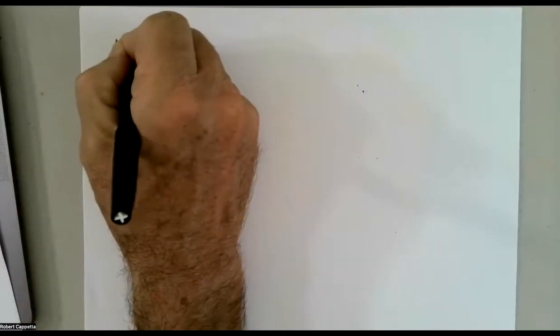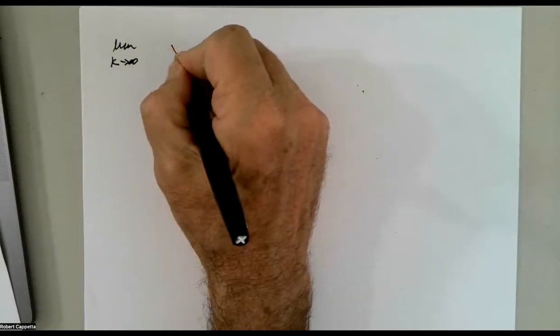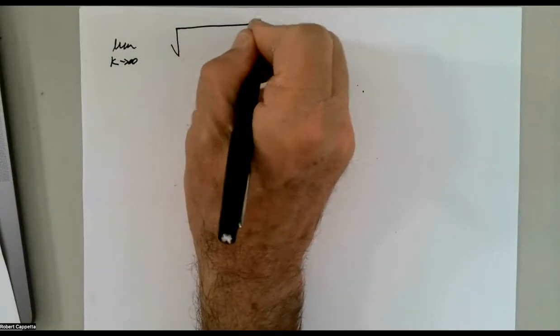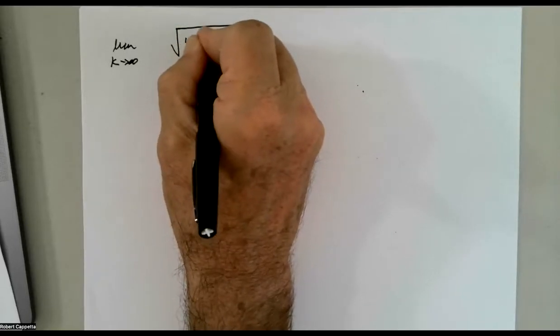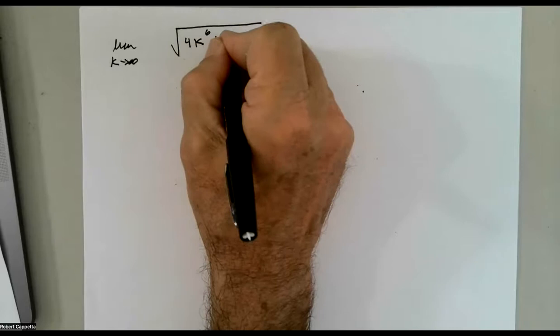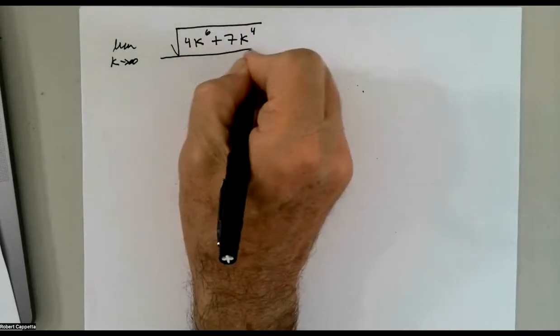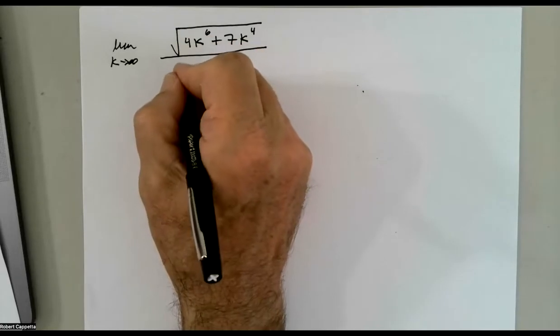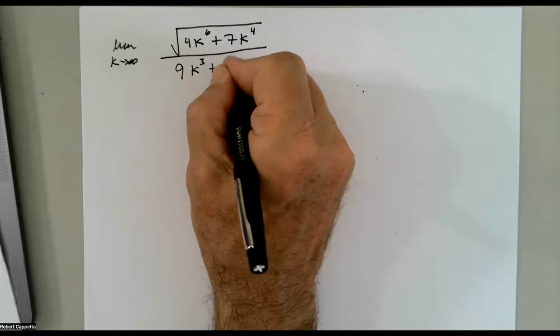Limit as k goes to infinity of the square root. Multiplying in that k to the 4th, I get 4k to the 6th plus 7k to the 4th, divided by 9k cubed plus 5k plus 3.